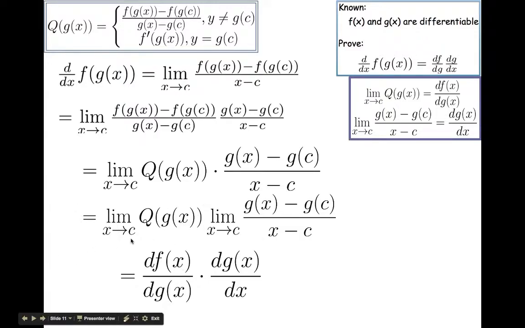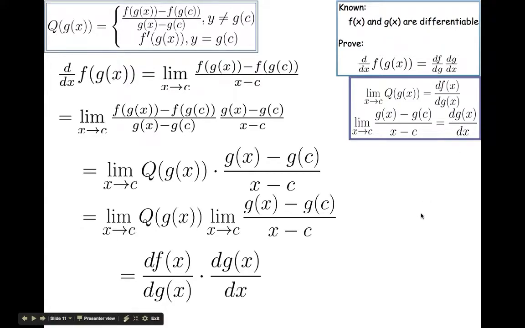So now we can plug in this statement that we figured out over here. We get the derivative of f of x with respect to g of x. In this statement, we plug in the expression we came up with on the previous slide. This limit as x approaches c of g of x minus g of c divided by x minus c just becomes the derivative of g of x with respect to x.